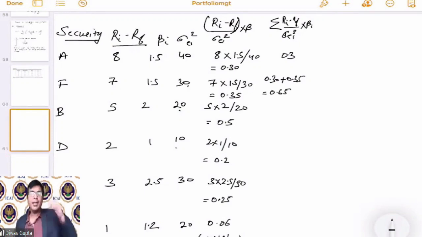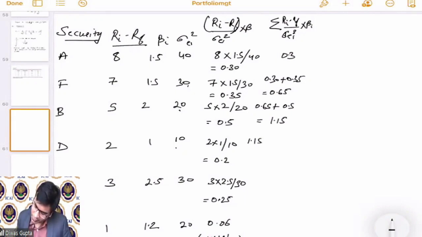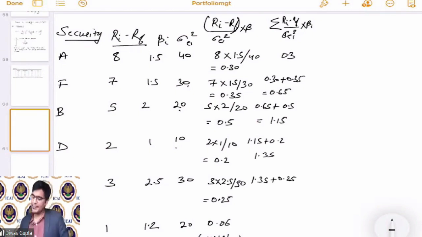Then for B it will be A plus F plus B, which is 0.65 plus 0.5, coming as 1.15. Then 1.15 plus 0.2, which is 1.35. 1.35 plus 0.25, which is 1.60. 1.60 plus 0.06, 1.66. So this is on a running total. We have done the summation for the respective security.